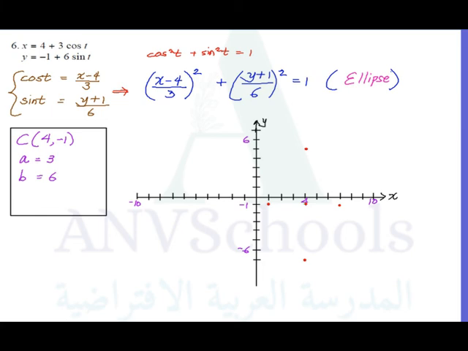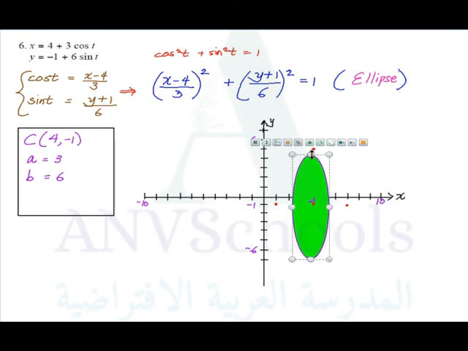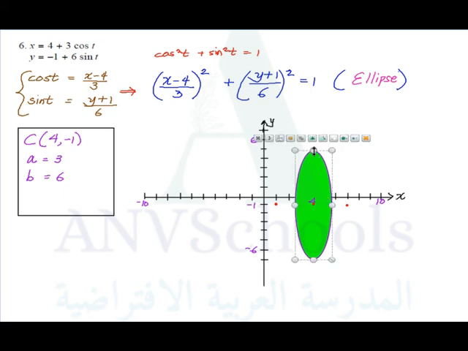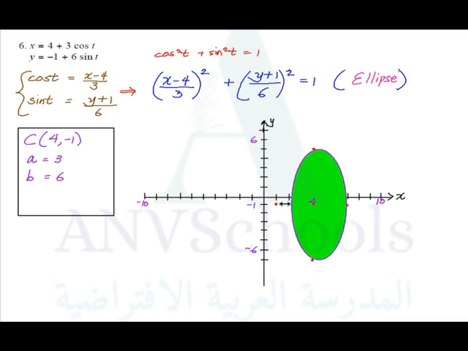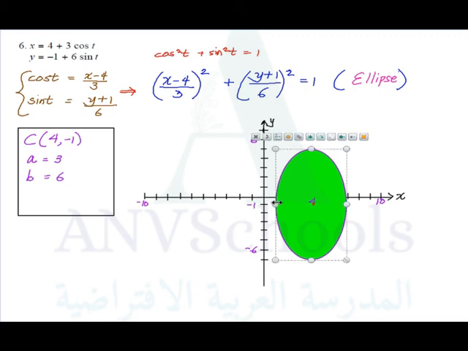So maybe we could use green color. And let's adjust. Okay. And to the right, so this is our ellipse. Okay? And that is for number 6.